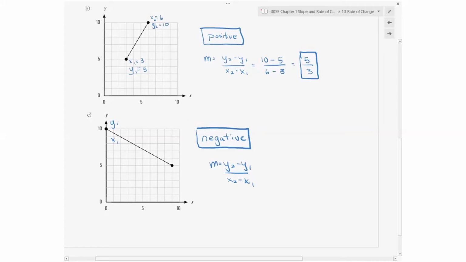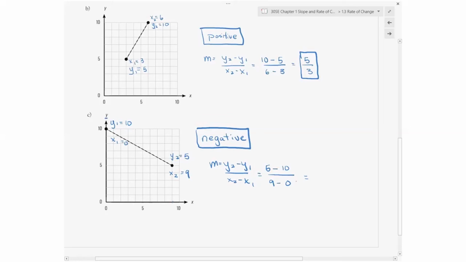So y1, we go to the y-axis, and we're at 10. x1, you go to the x-axis, well, we're at 0. And here this will be y2, x2. So I go over to the y-axis, I'm at 5. x2, I go down here, and that's 9. So let's plug these values in. y2 is 5, minus y1, I look up here, is 10. x2 is 9, and x1 is 0.